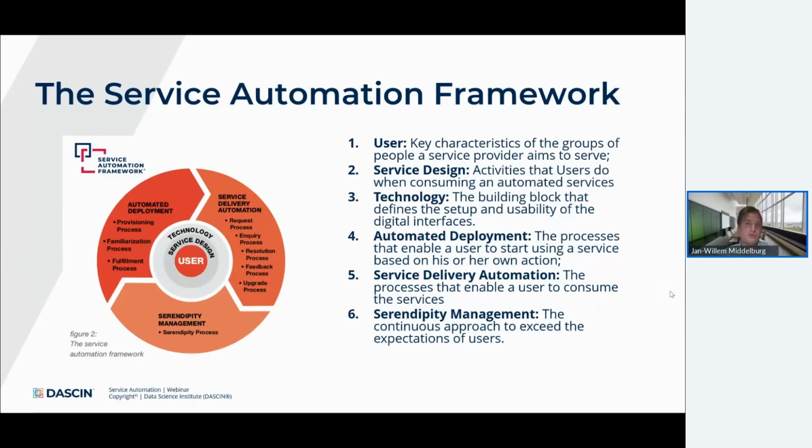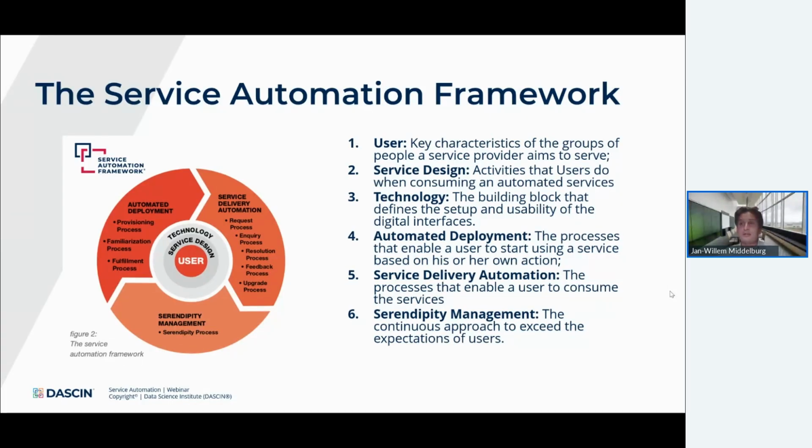In every automated service delivery, there is something that needs to be arranged, something that needs to be delivered, because that's the reason why people consume automated services. And you need to ensure that in the backend, your processes have been set up in such a way that they actually deliver the value that you promise.